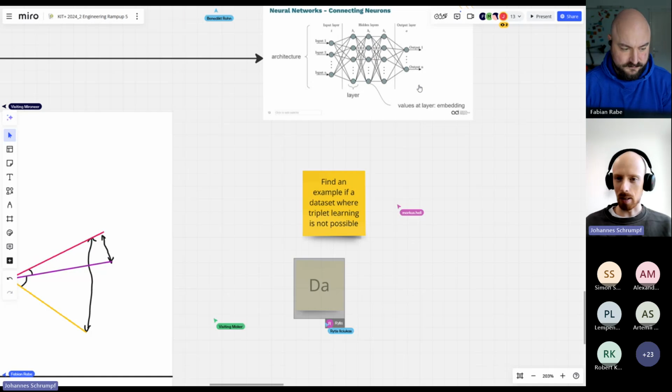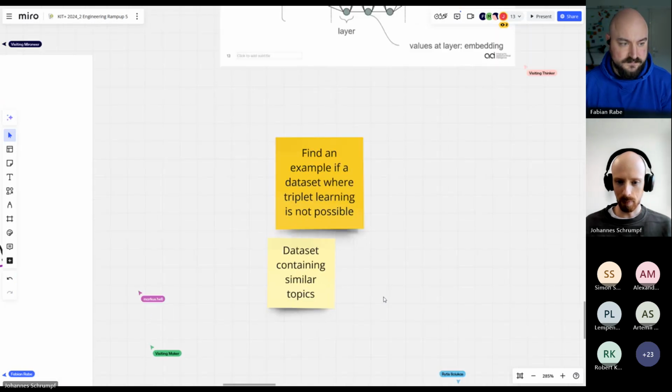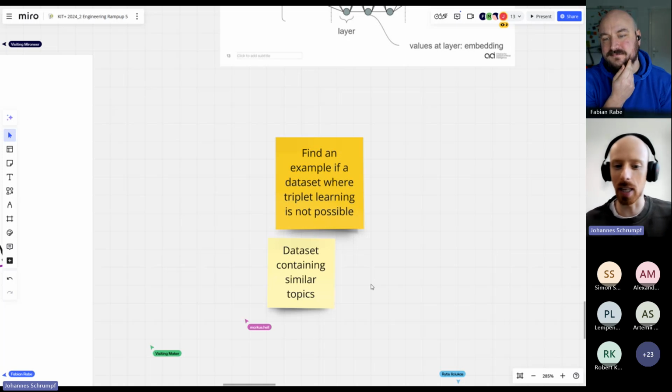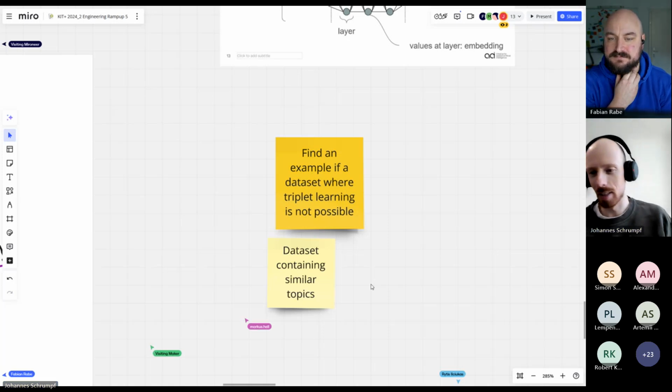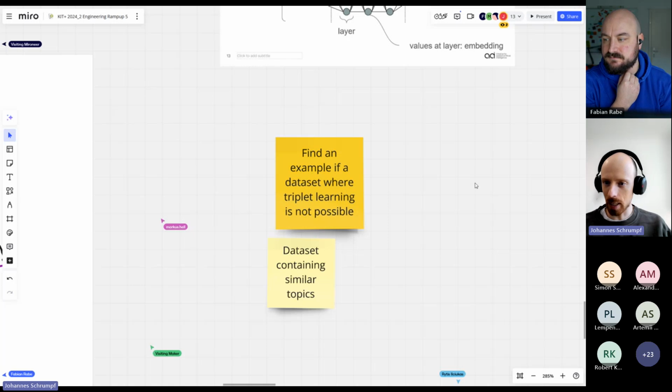You can also gladly stay in the text domain if you want. There's one suggestion, the data set containing similar topics. Does anybody else have an idea?